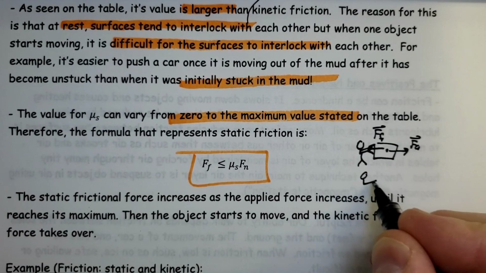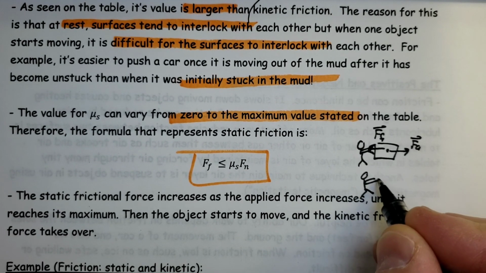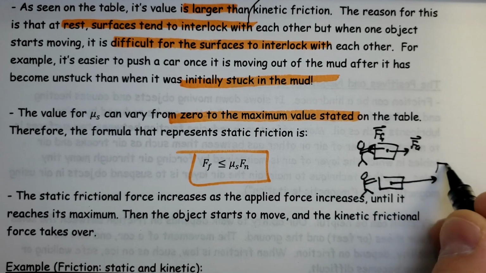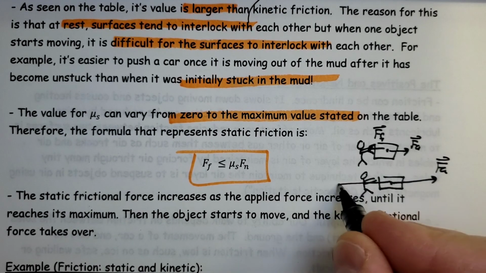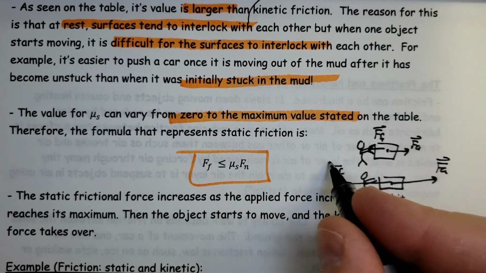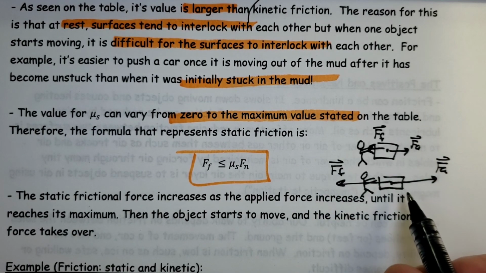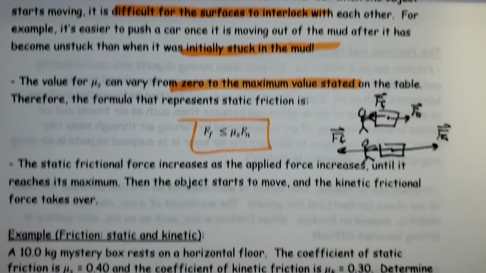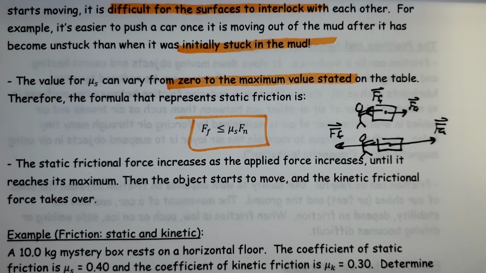If I push a little bit harder on a box, then the Ff will be bigger as well. So it varies depending upon how big the applied force is. Of course, once this gets moving, that changes the scenario, and we'll take a look at that in the next video.